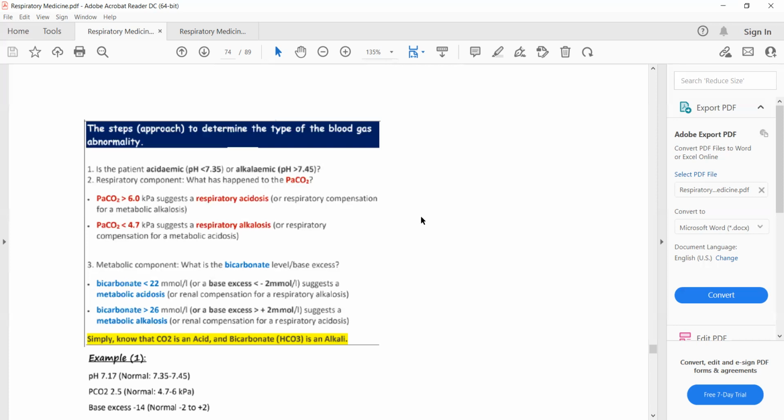And if base excess is more than +2, then it will be metabolic alkalosis.